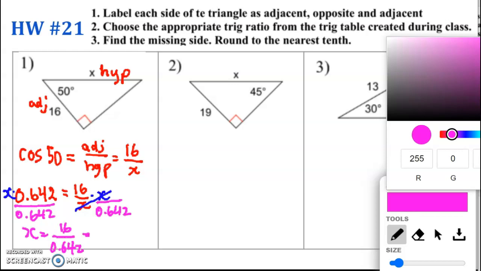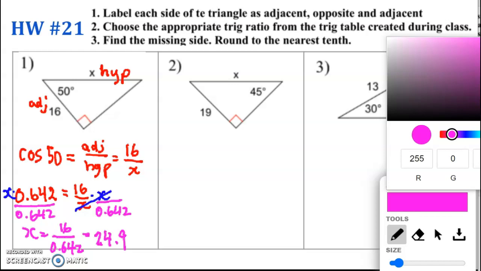And when you use the calculator, you get 16 divided by 0.642 is equal to 24.9. So I am going to write 24.9. So I know that x is going to be 24.9.